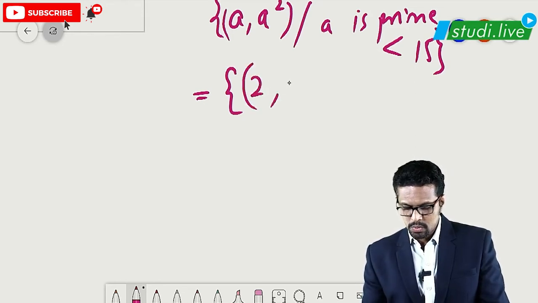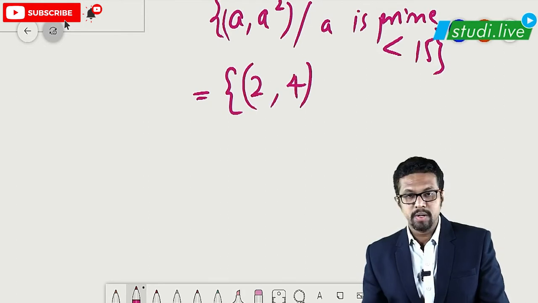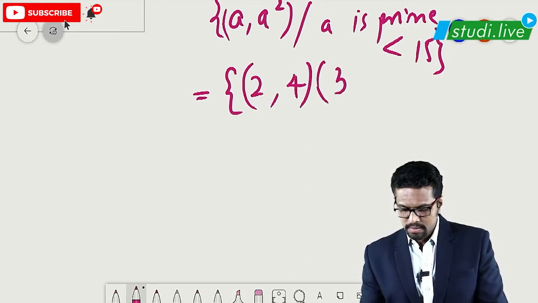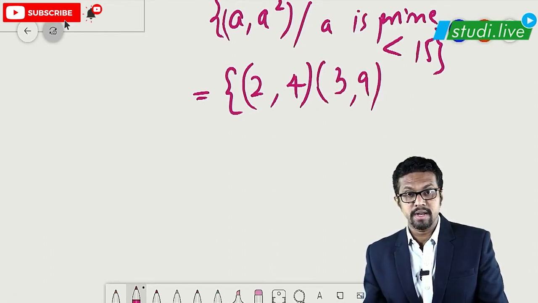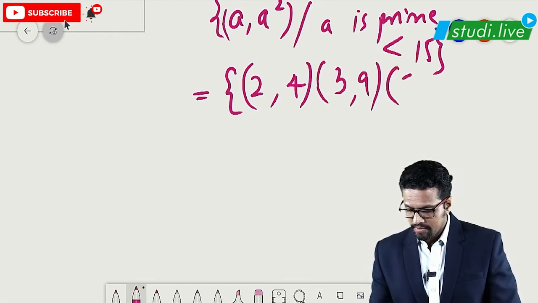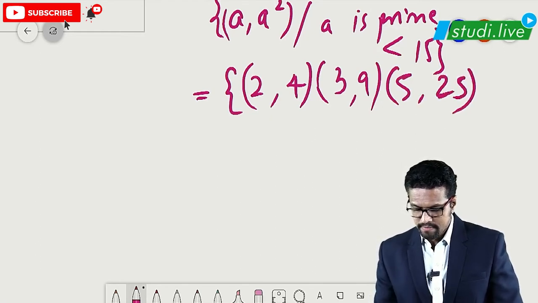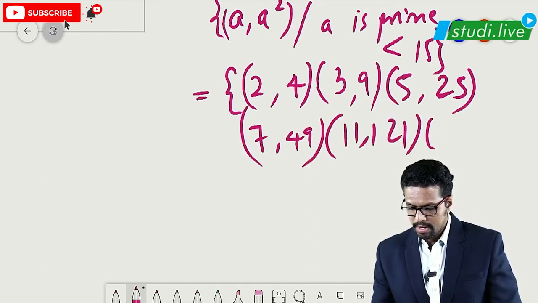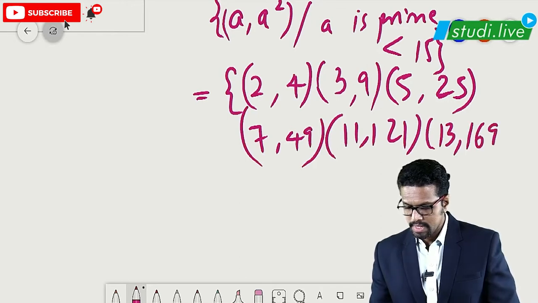So it is 2 comma 4 because the second element is of the form A square. Next will be 3 comma 9. The second element is always A square. Next is 5 comma 25. We have 7 comma 49, 11 comma 121, and 13 comma 169.